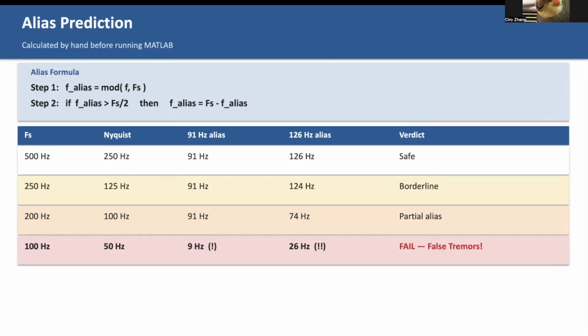At 200, it starts flirting with aliasing, but still manages to stay fairly above the structural band. But at 100 hertz, that's where things fail. The 91 hertz falls to 9 hertz, and the 125 hertz signal falls to 25 hertz, which both land inside the structural band, which now becomes a false tremor.